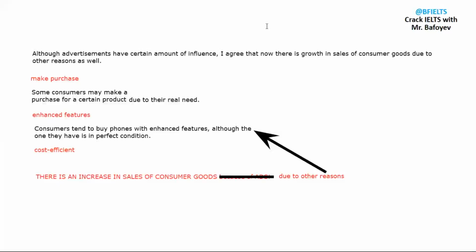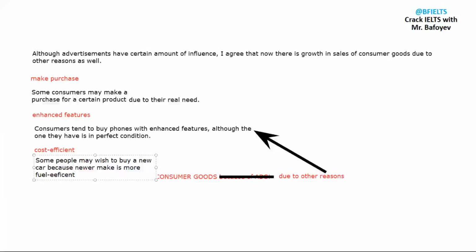Like you can say that, let's not discriminate genders here, some people may wish to buy a new car because newer version or newer make is more fuel efficient, right?